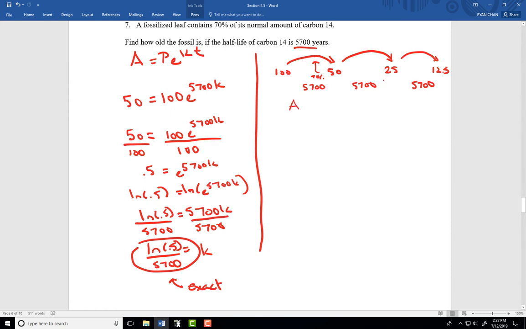I'm going to do A is equal to P e to the natural log of 0.5 over 5,700 times t. So let's talk about this here. Since I want A to be 70%, I'll make it 70. I'll make my P 100. We're going to divide both sides by 100, so I have 0.7 equals e to the natural log of 0.5 all over 5,700 times t.